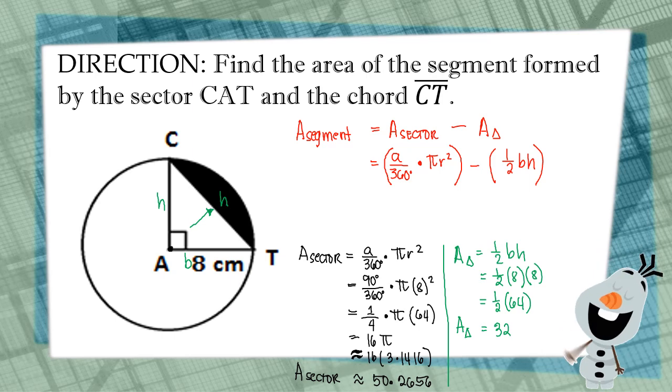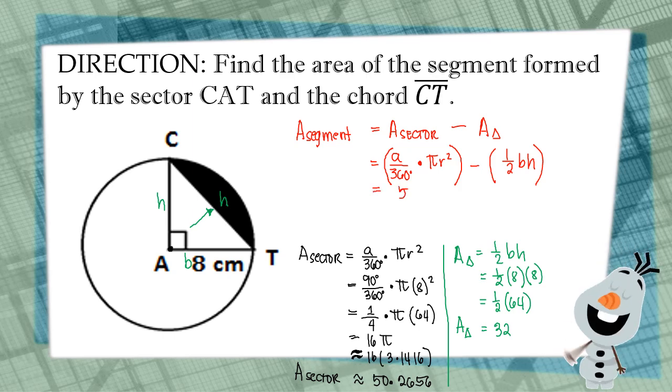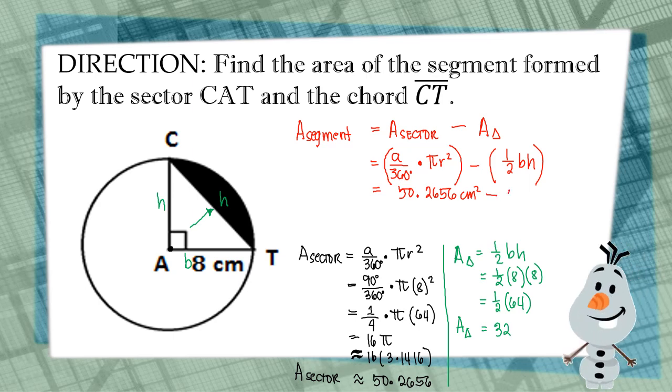So, substituting again, since we have our values for the area of the sector and the area of the triangle, we can now substitute them in our formula. The area of our sector is 50.2656 centimeters squared minus our area of the triangle, 32 centimeters squared.